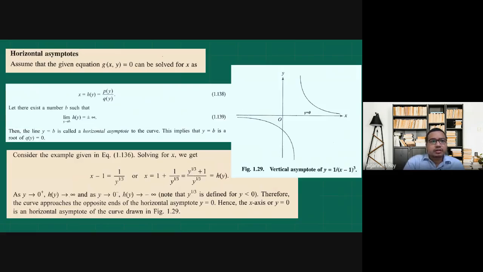Now, how to find the horizontal asymptote? For a horizontal line, we need y equals some constant. So then we will get horizontal lines, y equals some constants.